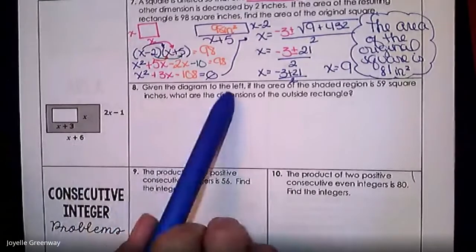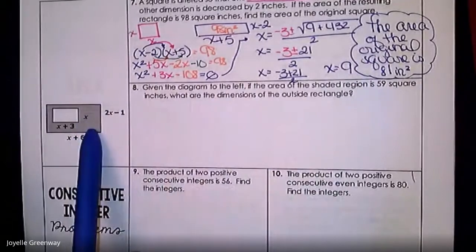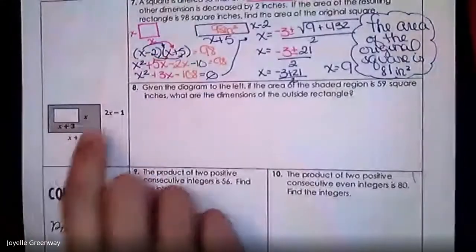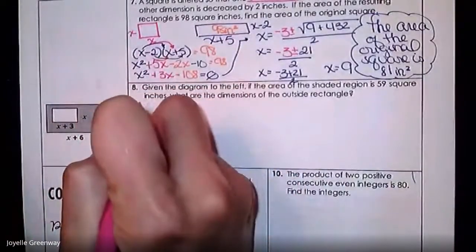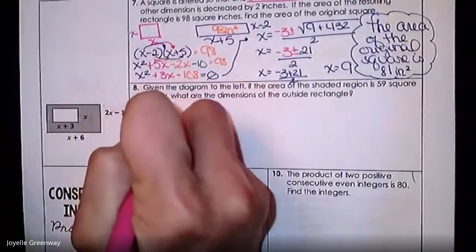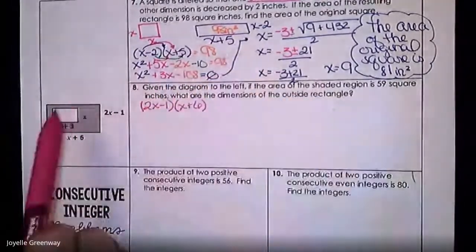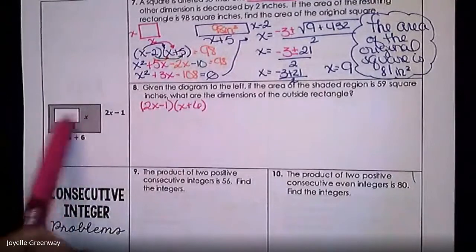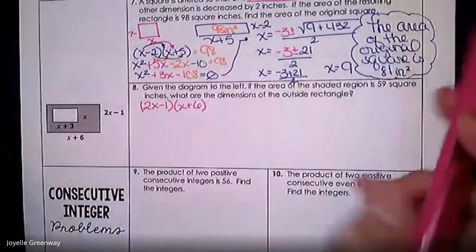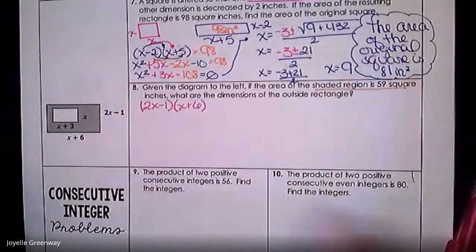So we have the area of the shaded region is 59 square inches. So I have to do the area of my big rectangle, which is 2x minus 1 times x plus 6. That's going to give me this whole area in here, okay? But the only area they gave us is the shaded region, so 59 square inches.